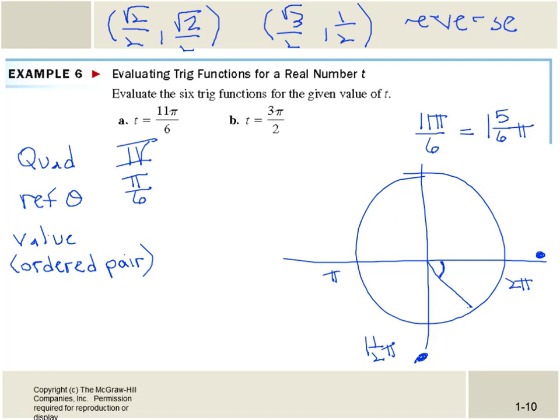So if this right here is 11 pi over 6, right? Then, okay, no problem. Then this leftover part has got to be pi over 6, doesn't it?